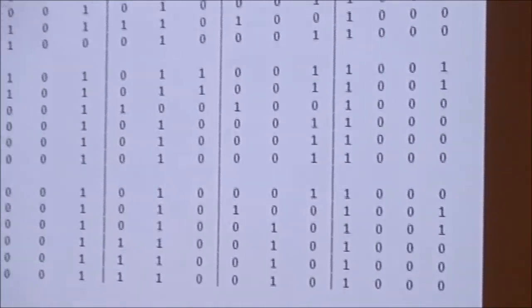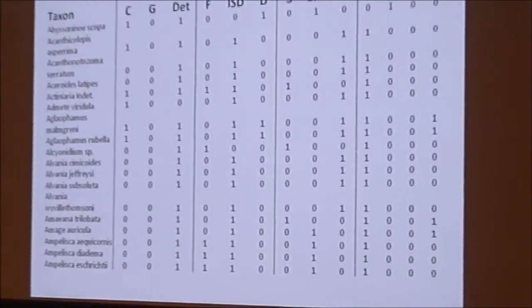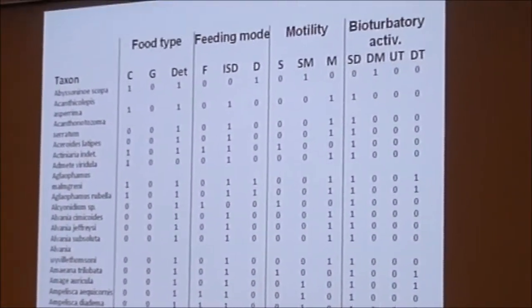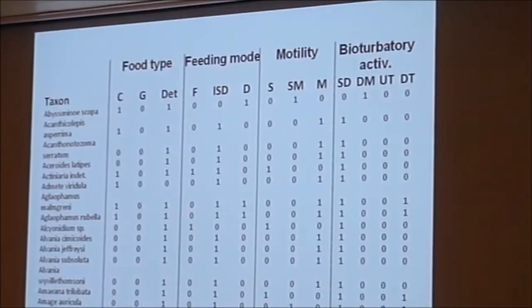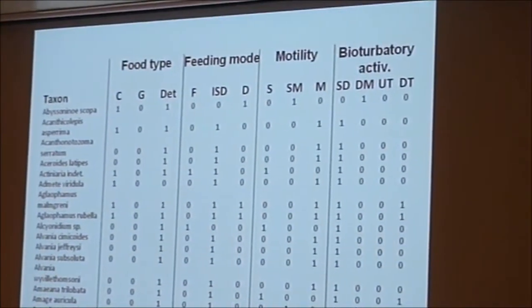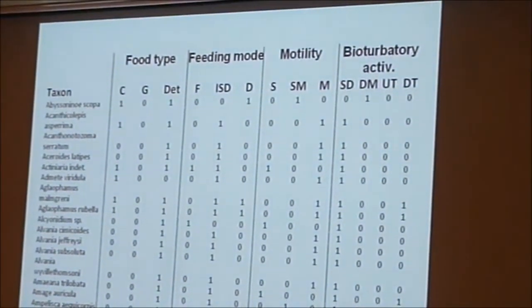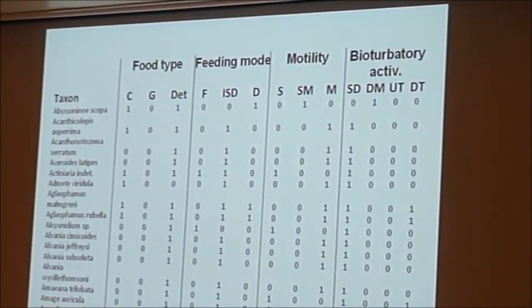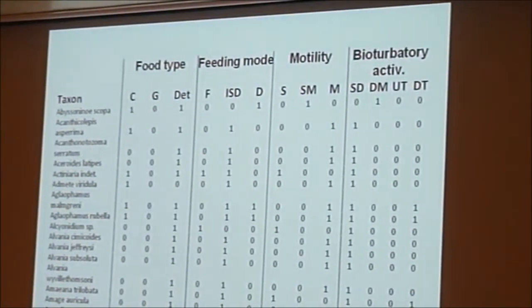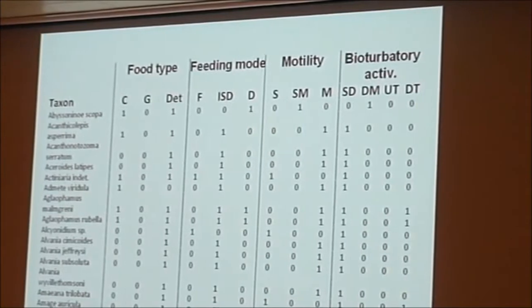What I'll do is skip very briefly through the principles of our approach without going into details. What we end up with is a list of taxa that we've found here, and our 4 basic categories, and we code them with a binary approach, which is inspired by phylogenetic analyses using cladistics.